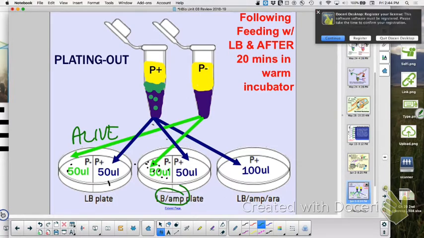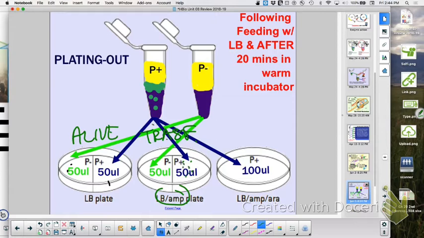If we could do transformation. That was the point of that plate. Can we transform bacteria? Because if we could transform them, then we would expect to see bacteria growing on the P plus side of the plate and not the P minus plate, right? Because these we didn't give them any plasmid, these we did. So could we give them antibiotic resistance?